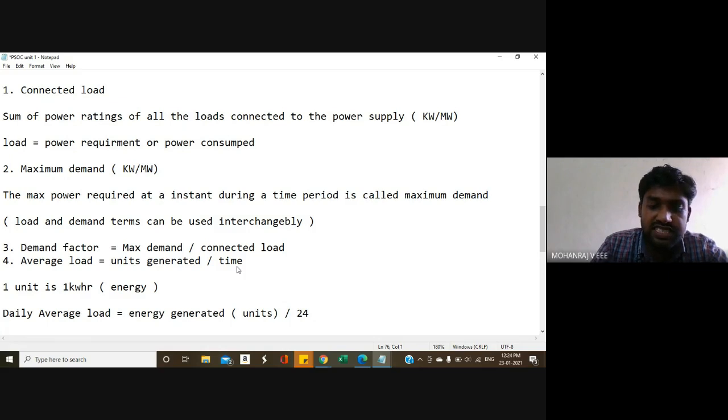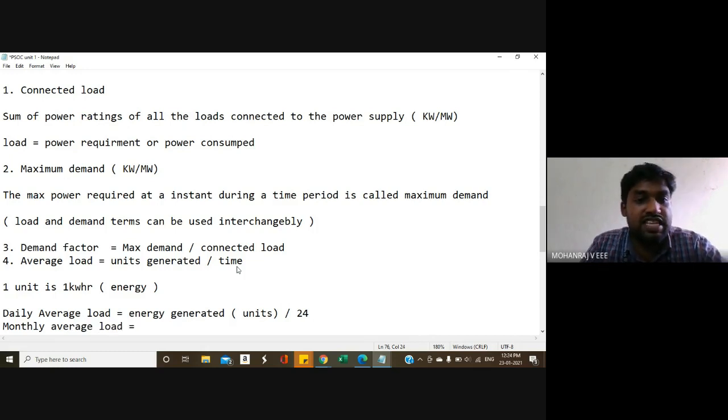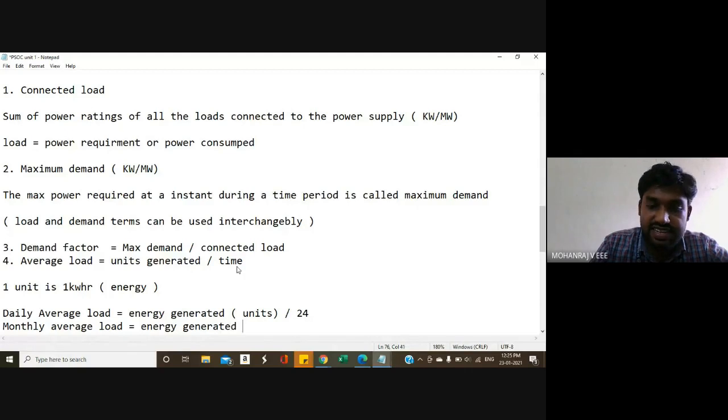Then what is monthly average load? Monthly average load is given by energy generated in a month divided by the number of hours in a month.